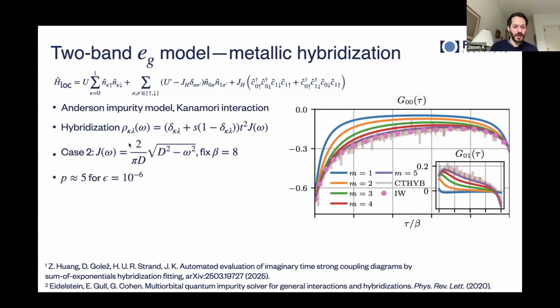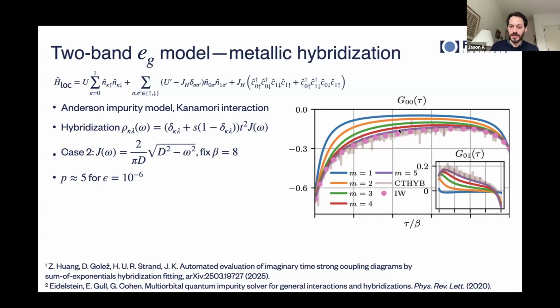It works pretty well at this relatively high temperature and 6-digit accuracy. We only need 5 poles, 5 exponentials in our expansion. And here we see that as we increase from diagram order 1 to 5, we get convergence.